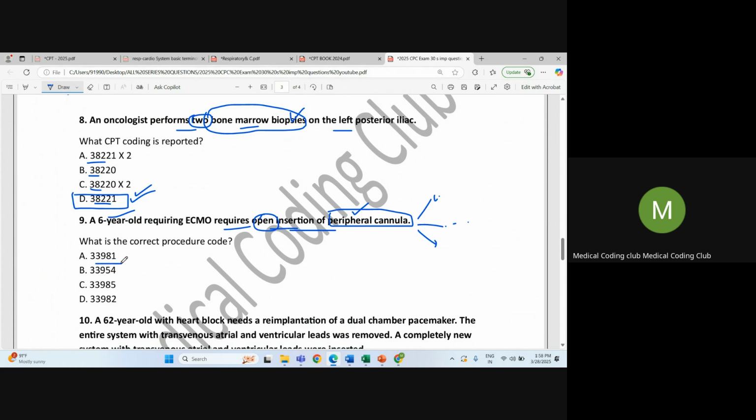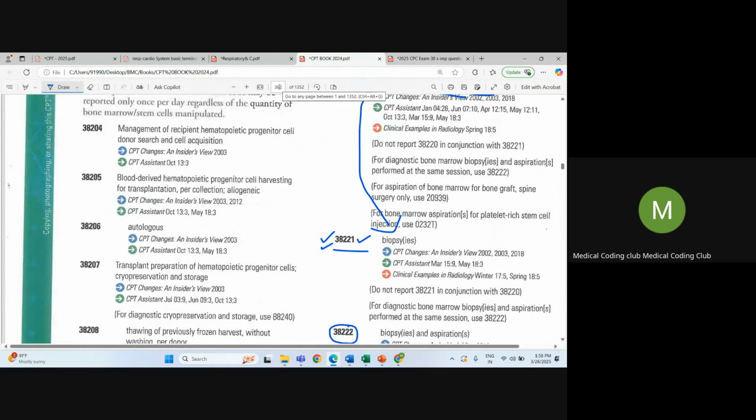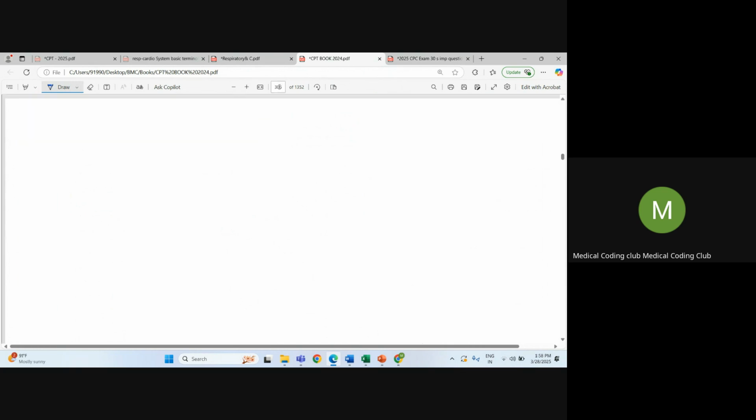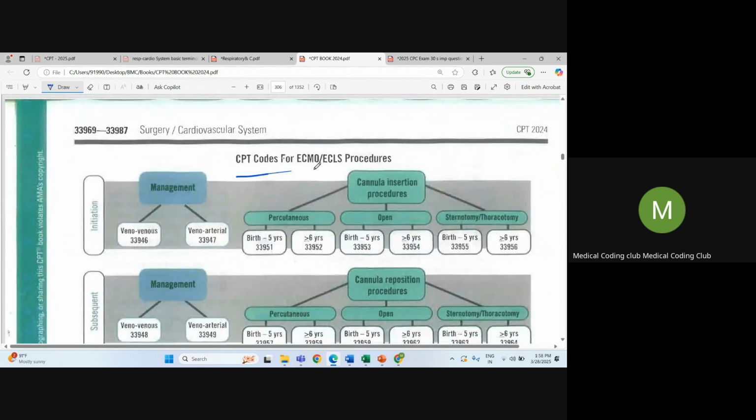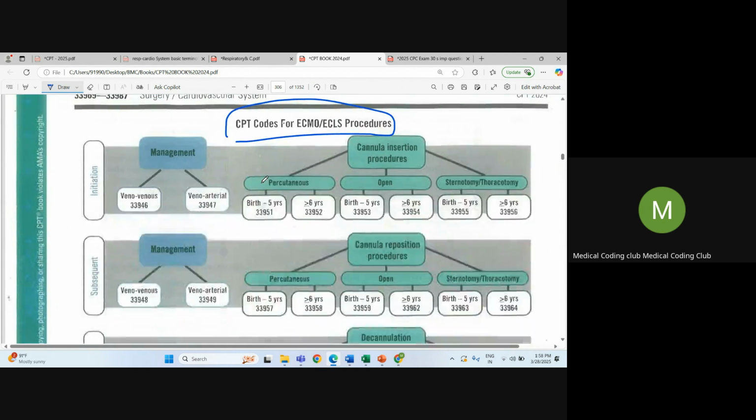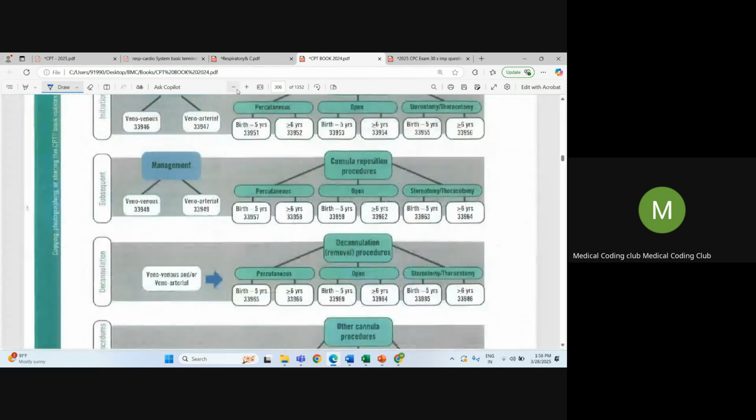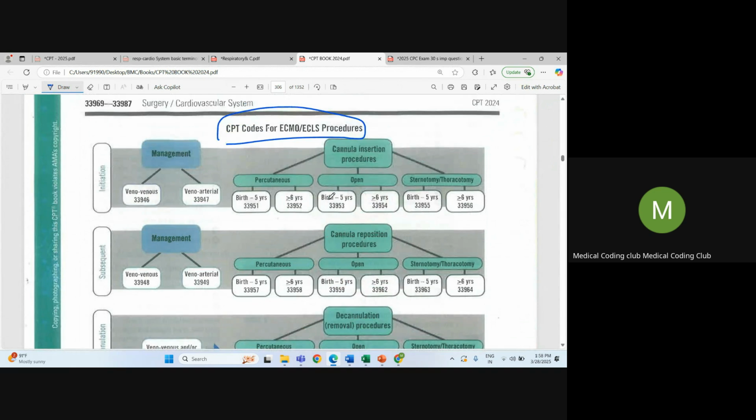So the options you can see are 33881, 94, 85, 82. So I'll show the codes. When you get an ECMO procedure, please come to this table. Easily you can get it. Firstly, they are doing cannula insertion and patient age is 6 years.